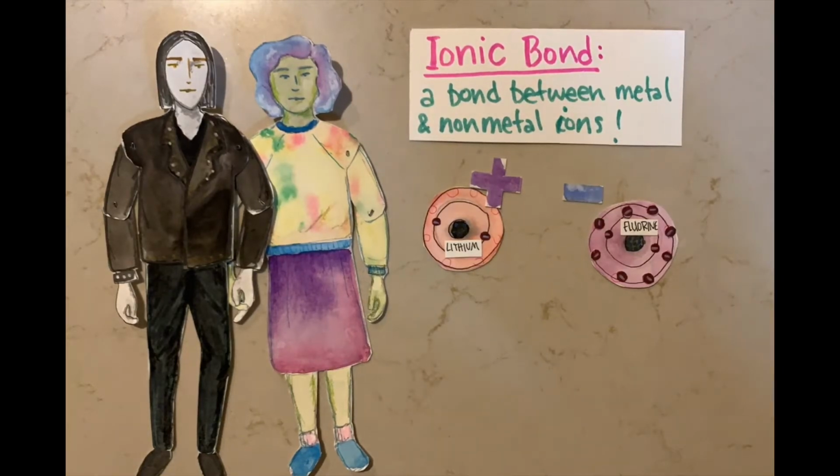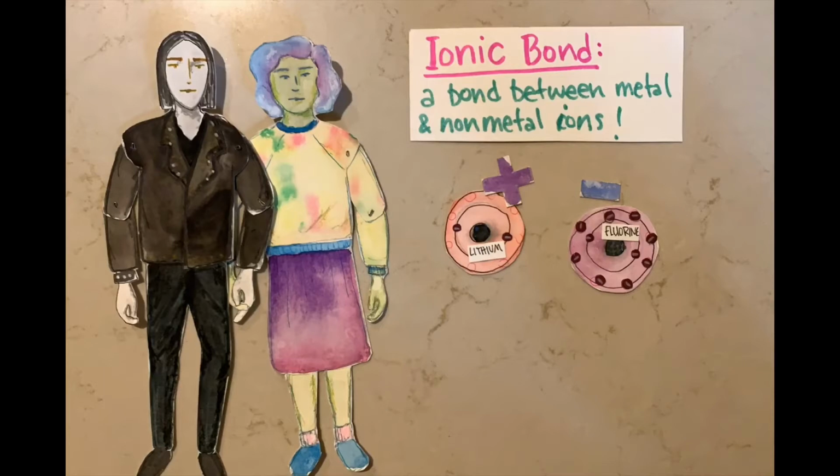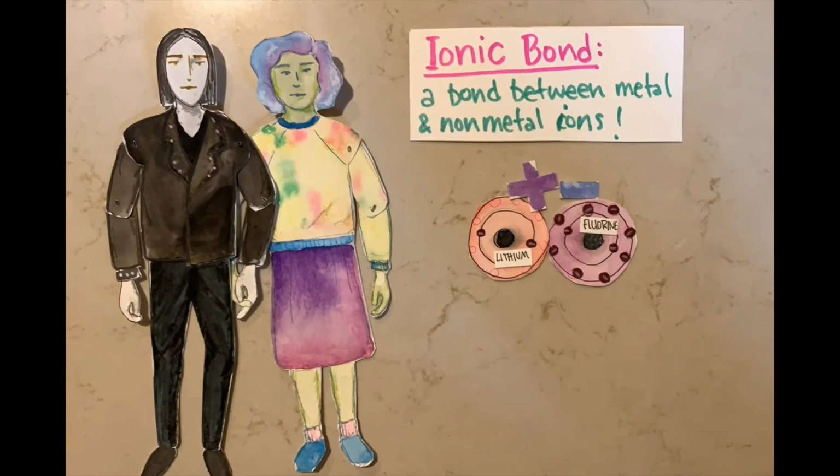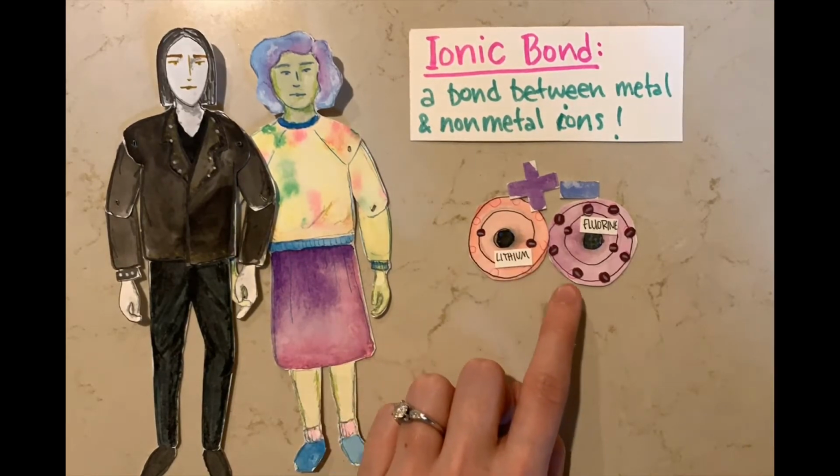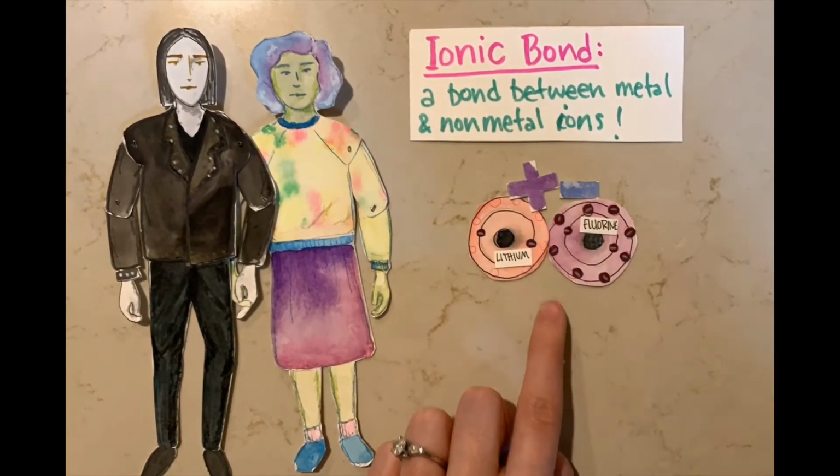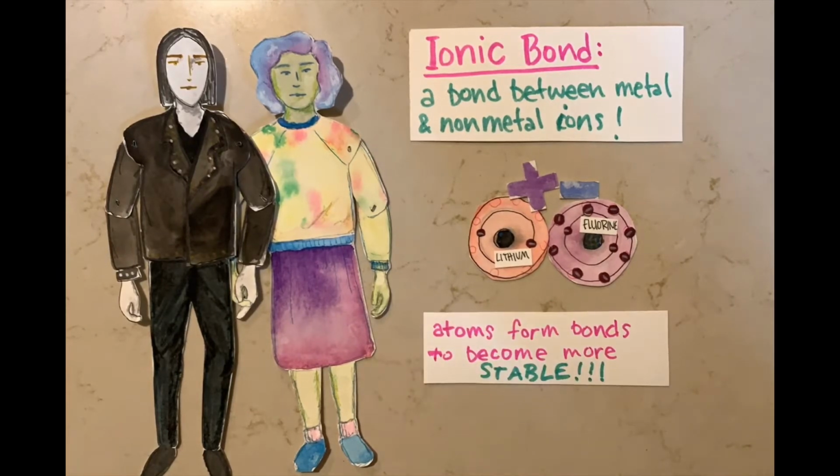Nonmetals form negative ions by taking in new electrons into their outermost energy level. By gaining new electrons, they too get a full outermost energy level. Because of the attraction between these opposite charges, the metal and nonmetal ions attract each other and form an ionic bond.